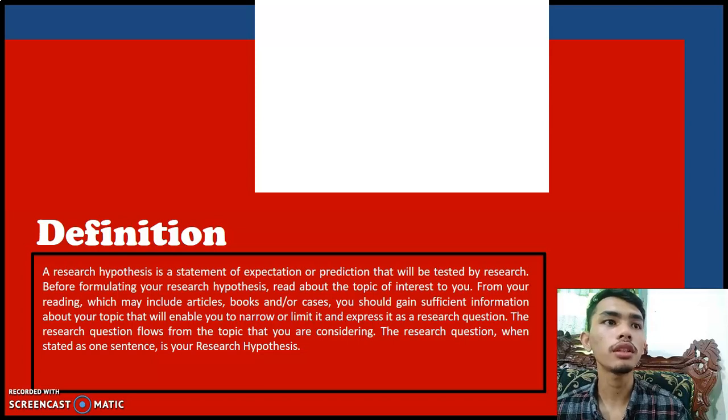From your reading, which may include articles, books, and or cases, you should gain sufficient information about your topic that will enable you to narrow or limit it and express it as a research question. The research question flows from the topic that you are considering. The research question, when stated as one sentence, is your research hypothesis.